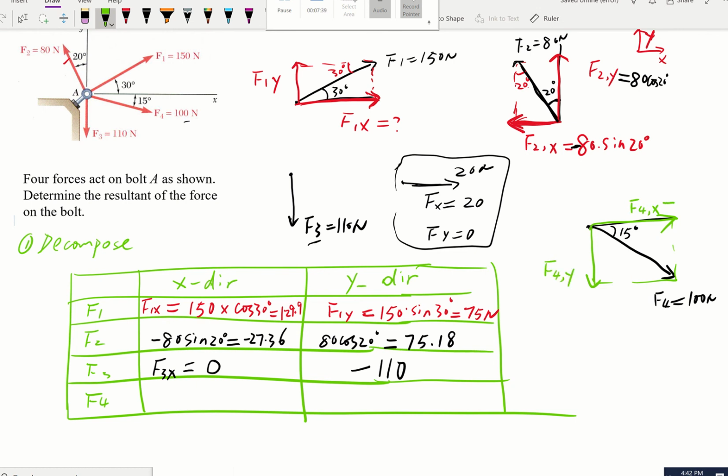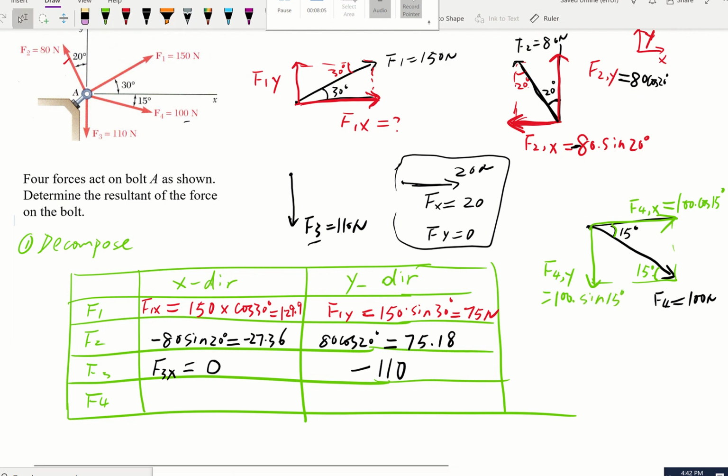Then we're solving it. F4x is going to be 100 times sine or cosine. If you think it's cosine, you are correct. Why? Because it is adjacent to that angle. F4y is going to be equal to 100, and now this angle is 15, right? And the y direction is opposite to this angle. So opposite, you are using sine.